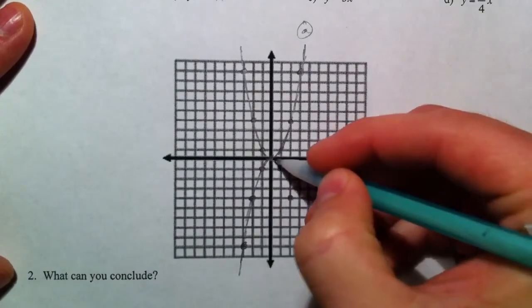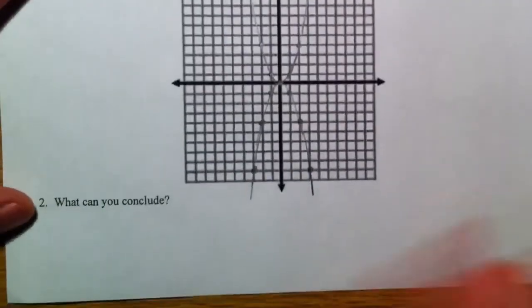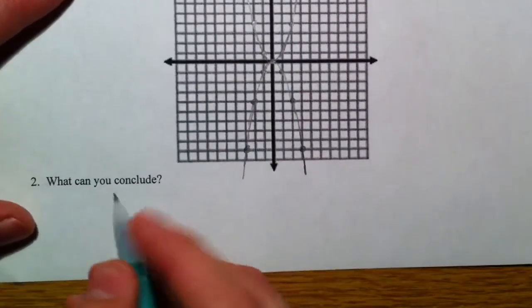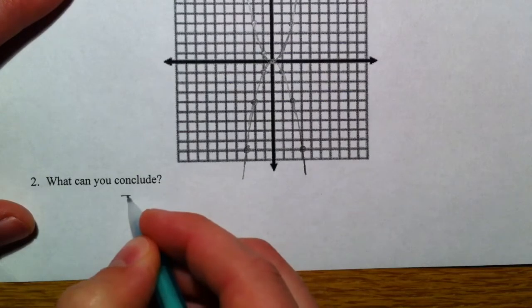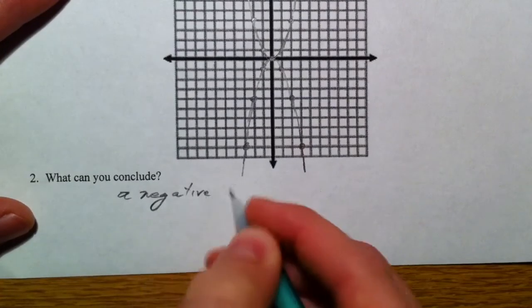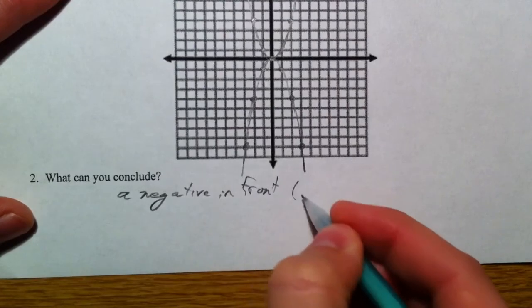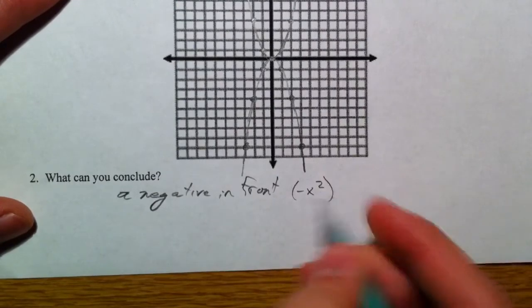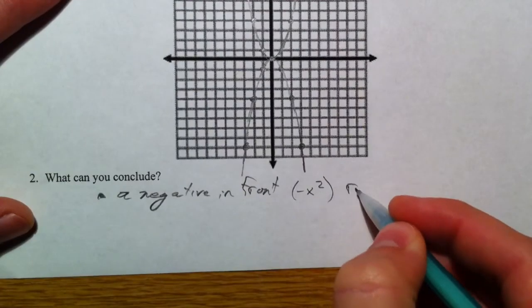So anytime you stick a negative in front, it flips it over the x-axis. A negative in front reflects over x.